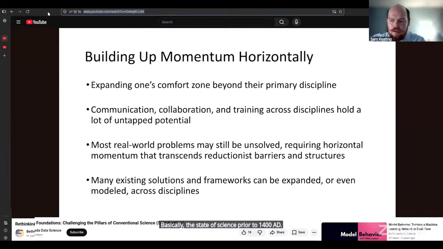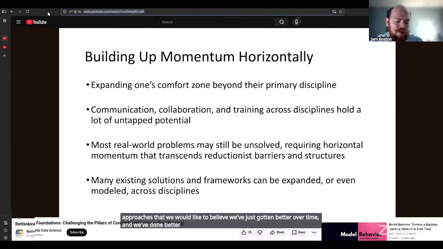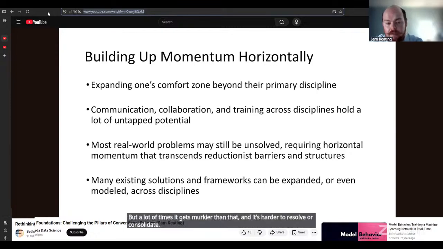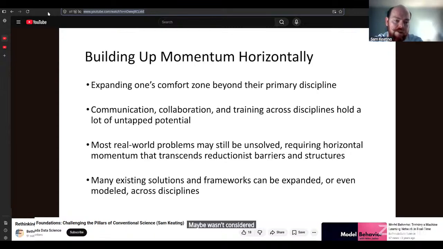And there are a lot of flawed approaches that we would like to believe we've just gotten better over time and consolidated everything we've made mistakes around before. But a lot of times it gets murkier than that, and it's harder to resolve or consolidate. So witchcraft maybe wasn't considered the state-of-the-art science, the best we could do, but we humans have some bias and some mistakes that get incorporated into even our state-of-the-art science, the best we can do.